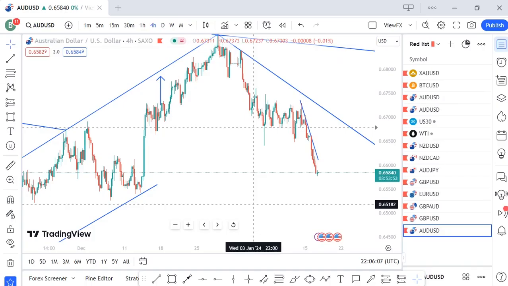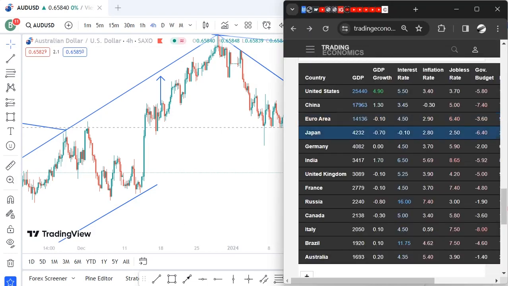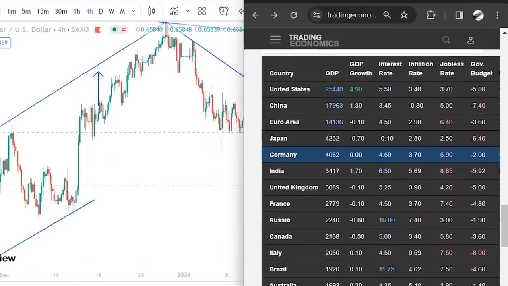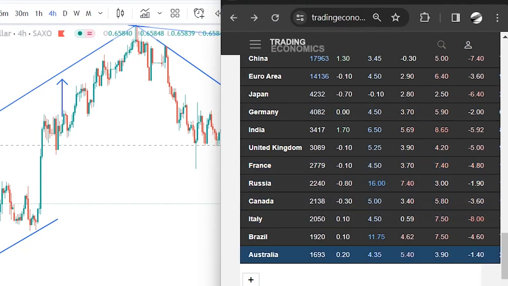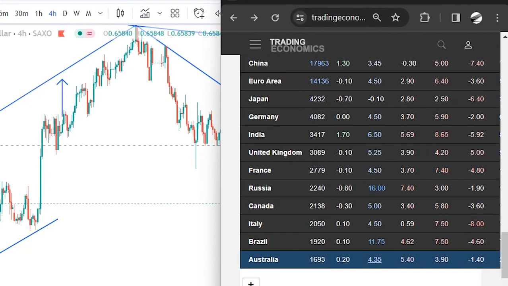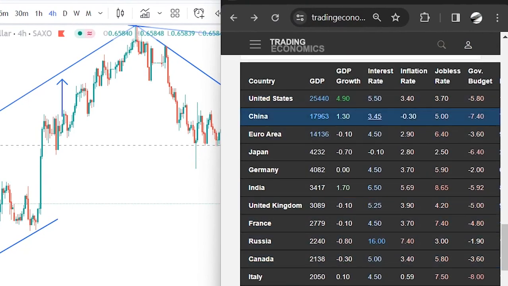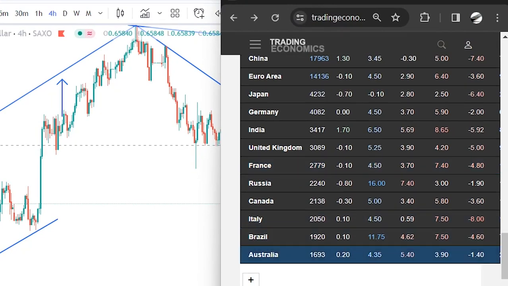For example, let's start from AUD USD. So we go and check for Australian dollar. So we come over to this place and look for Australia. You can see Australia here, and if you check under the interest rate, we have 4.35.